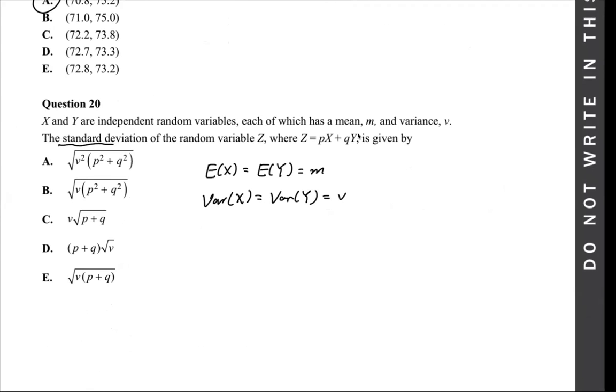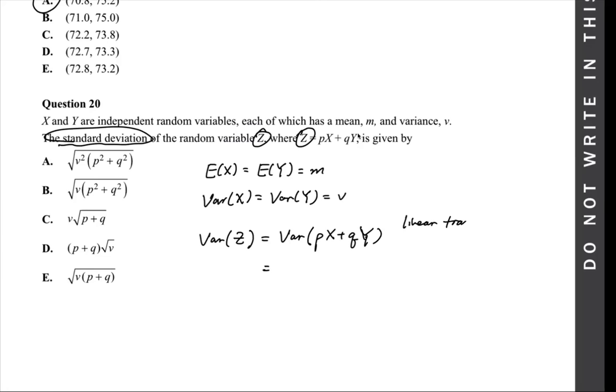It's just looking for standard deviation. So let's do the variance of Z. To be honest, I'd rather see this one as W rather than Z. Anyway, doesn't matter. Var(Z) equals Var(PX plus QY). So now this is a linear transformation and a linear combination.